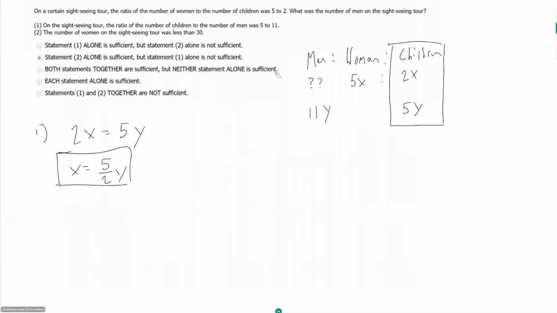So that means I can get my ratio all in terms of y if I wanted to. So men I already have in terms of y, 11y. Women I have in terms of x, so I've got to convert that to y. So 5 times 5/2y. So this should be 25/2y.